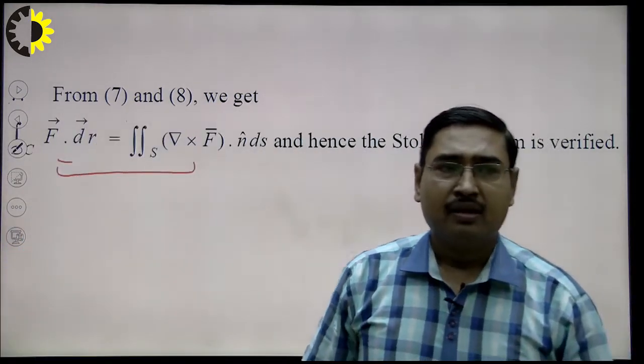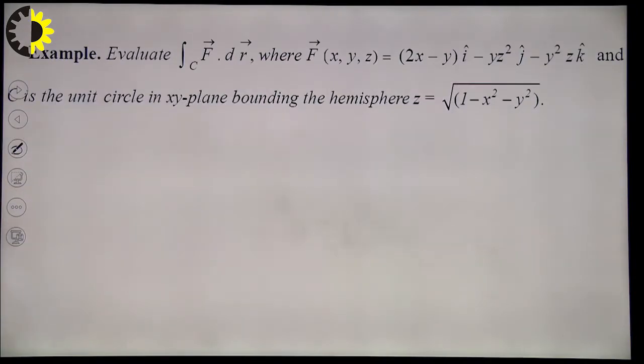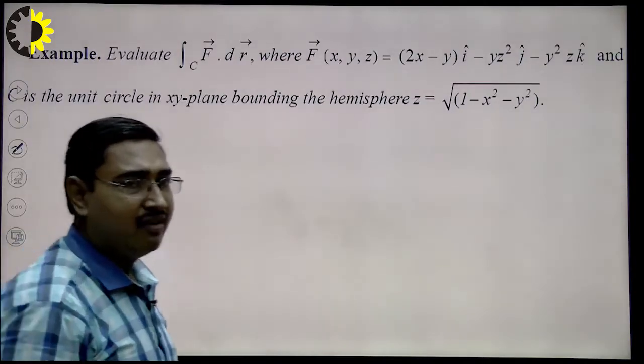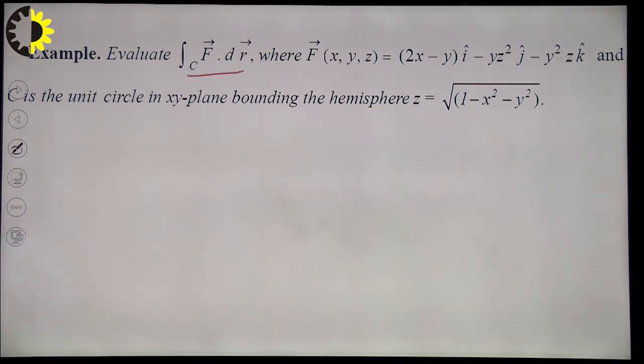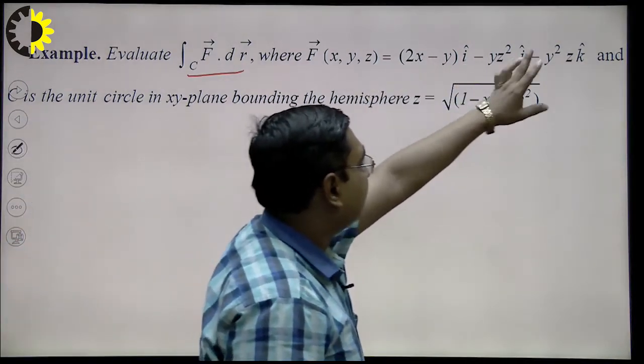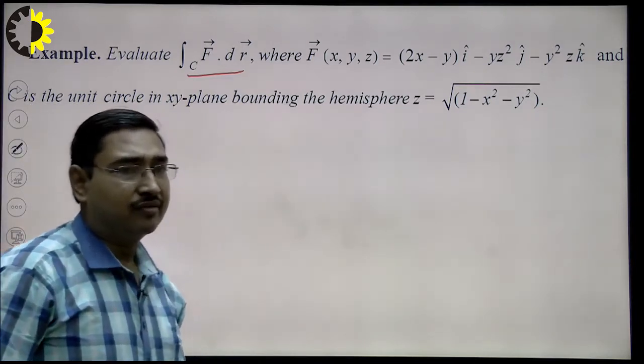Now we take one more example. In the next example, we will evaluate this line integral over C of f dot dr, where f is this function and C is a given curve.